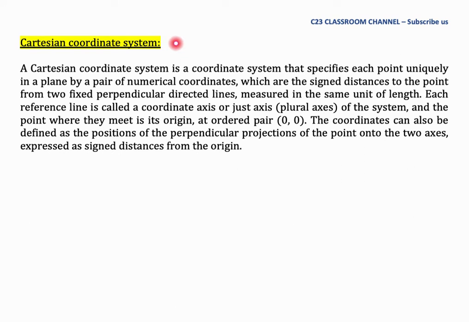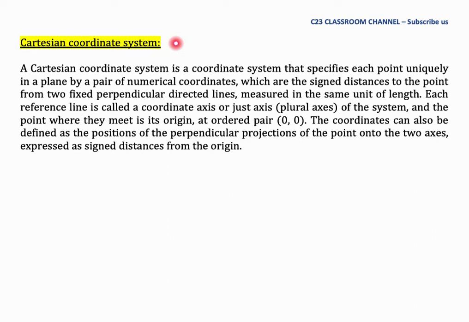A Cartesian coordinate system is a coordinate system that specifies each point uniquely in a plane by a pair of numerical coordinates, which are the signed distances to the point from two fixed perpendicular directed lines measured in the same unit of length.